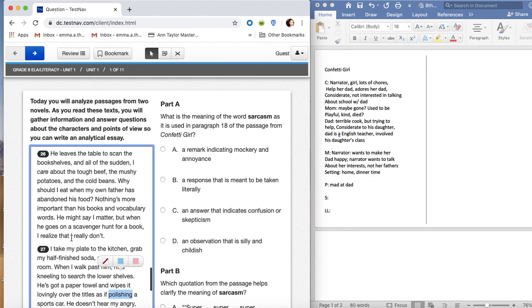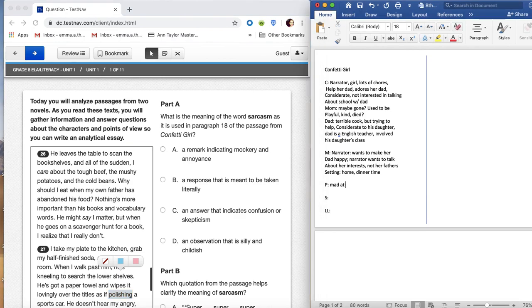So this makes me think, like, is she jealous of how much he loves his job? Or is it that she doesn't want to talk about him and his interests, but her interests? So I need to put that in my problem and my conflict to dig a little bit deeper. So it's not just that she's mad at her dad. She's angry that it's almost like her father cares more about his passion for teaching than her own interests.